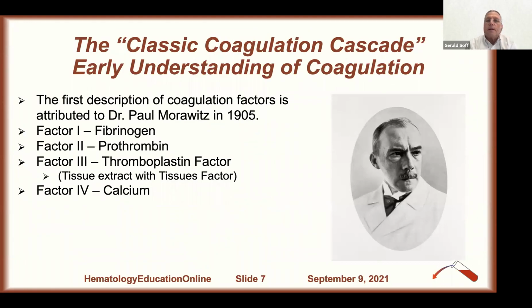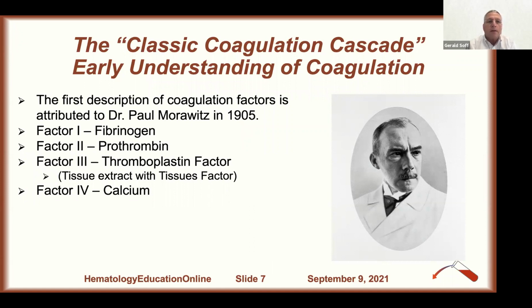The earliest understanding of the coagulation system was attributed to Paul Morawitz in 1905 when he described 4 factors of the coagulation system. And we still use the terminology factors, and we still use the terminology with Roman numerals. Fibrinogen, or factor 1, is the protein that fundamentally makes the clot.